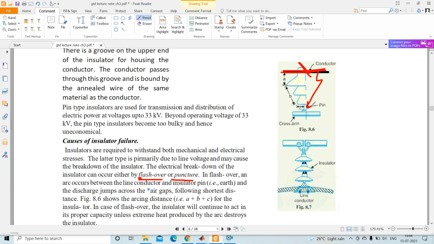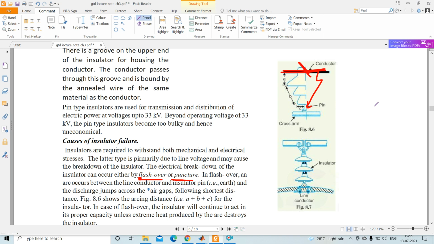The pin means earth, because the insulator pin is attached to the cross arm and the pole, and the pole is earthed. The discharge jumps across the air gap following the shortest distance. This is A, this is B, this is C, so the arcing distance is A plus B plus C for the insulator.